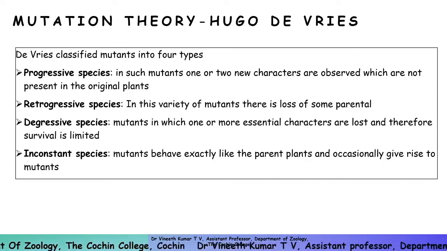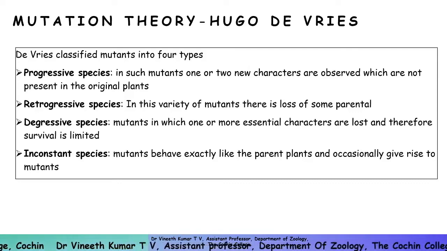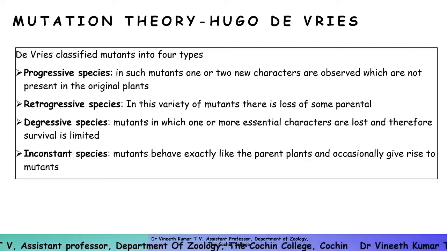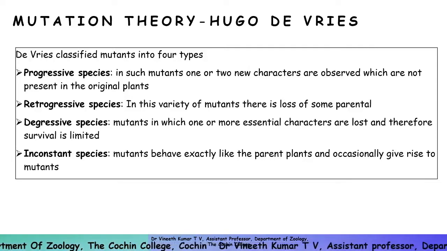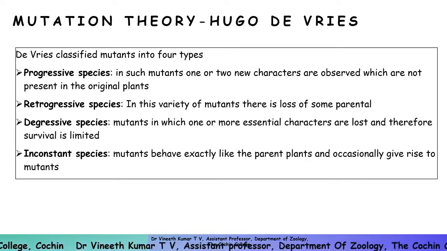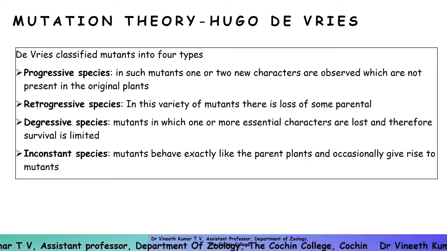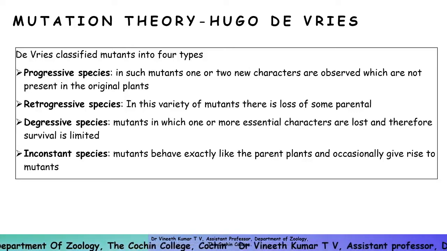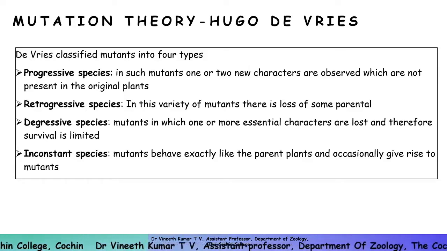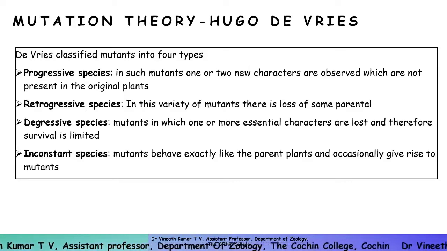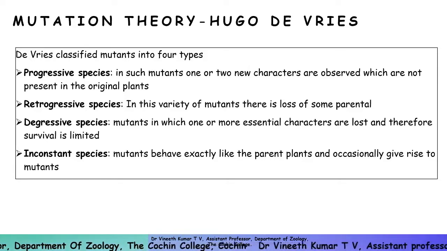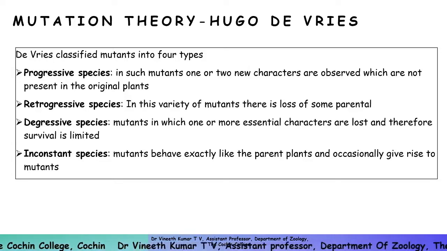Such mutants are called progressive because they have gained some new features. Coming to retrogressive, as the name itself suggests, they are losing something. They lose some of the features of the parents, or some of the parental features are not present in the offspring. Such mutants are called retrogressive species.